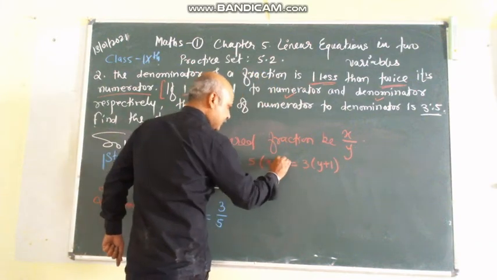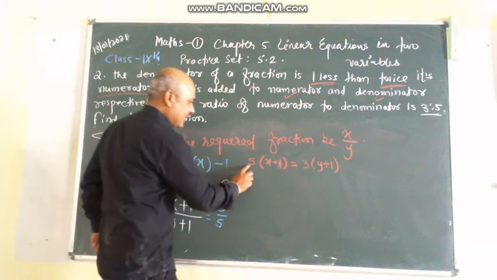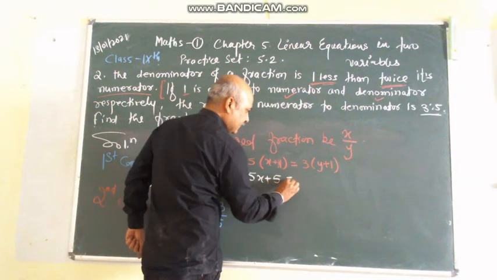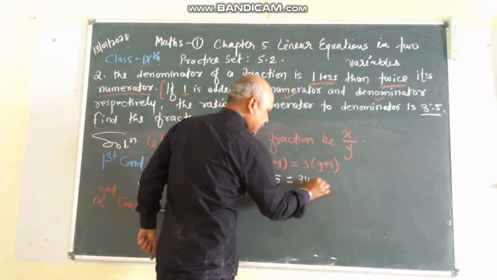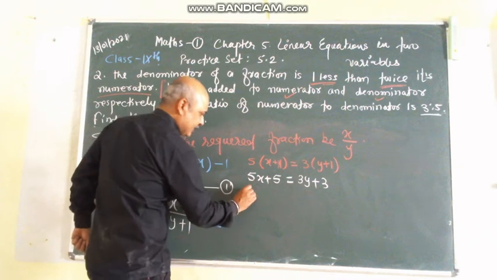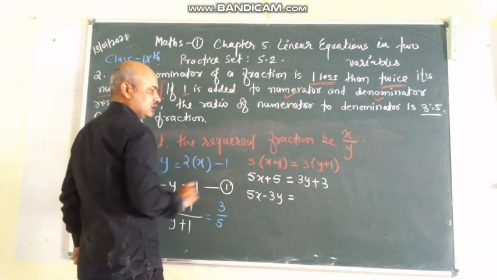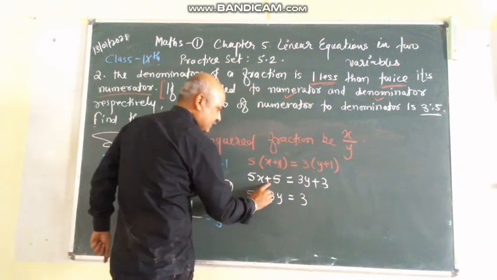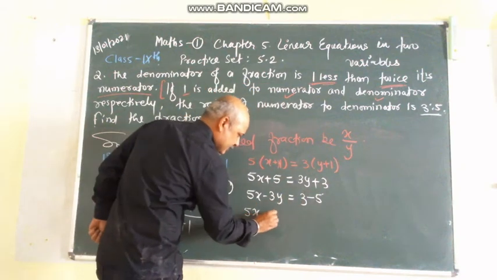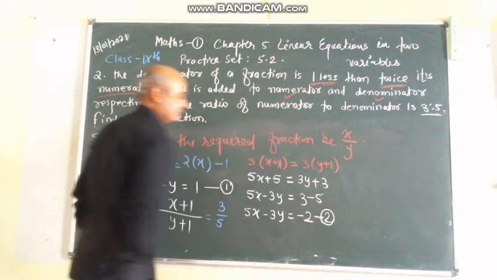Just multiply: this will be 5x plus 5, five ones are 5, and this is equal to 3y plus 3, three ones are 3. Now transfer 3y to the left hand side. So this will be 5x minus 3y, and this is equal to 3, this plus 5 becomes minus 5. So you will get 5x minus 3y is equal to minus 2. This is equation number 2.